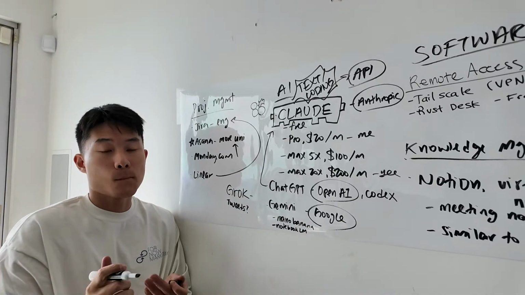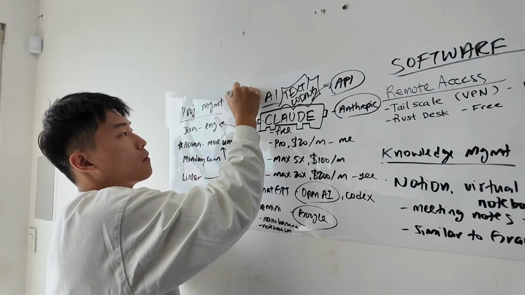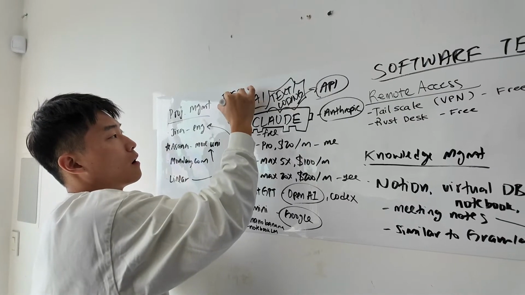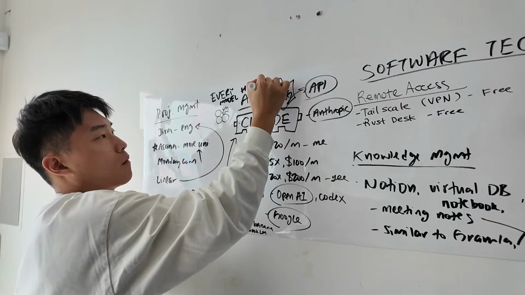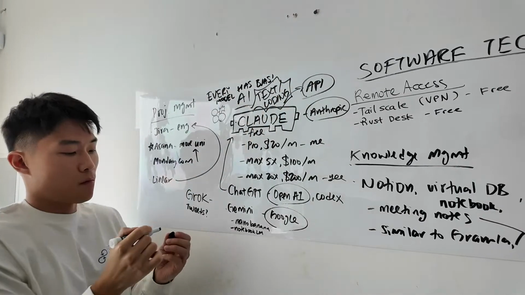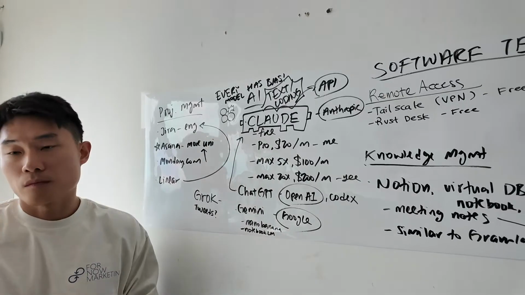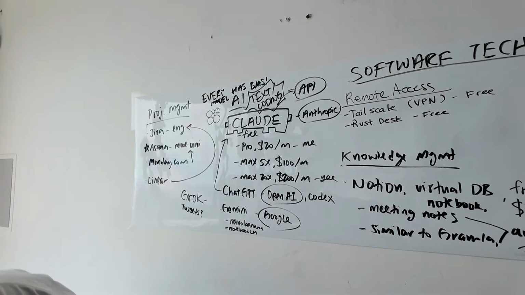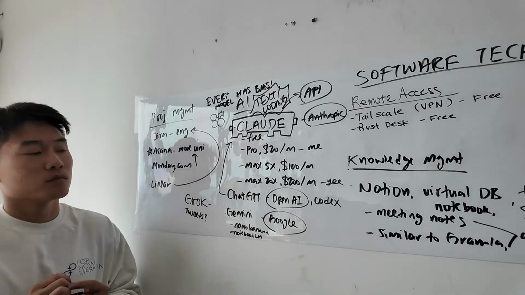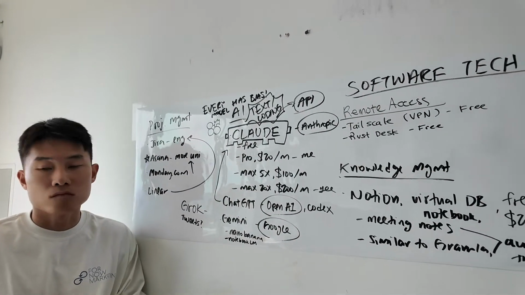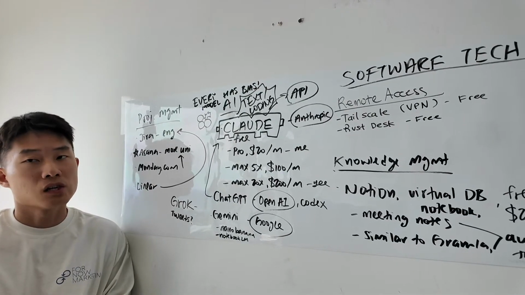So every model has bias, because it's biased towards the data you put in and train it on. We see on X that Elon really wants it to act a certain way, without getting political here. So they do a lot more tuning to make the model act and respond a certain way. So it's more uncensored, I would say, compared to other models.